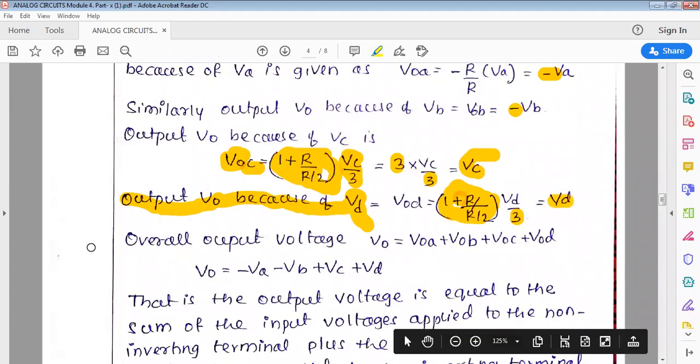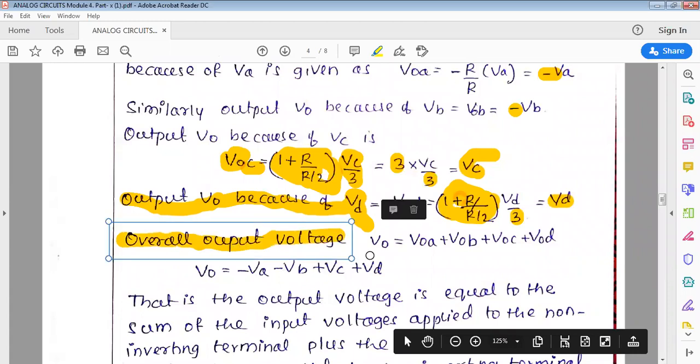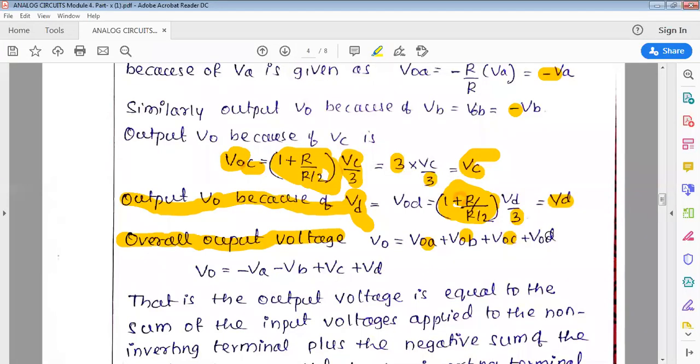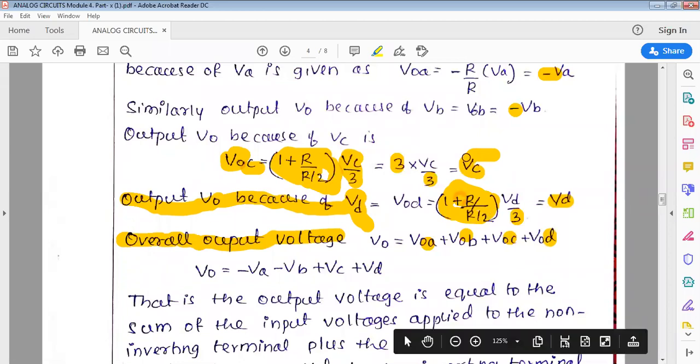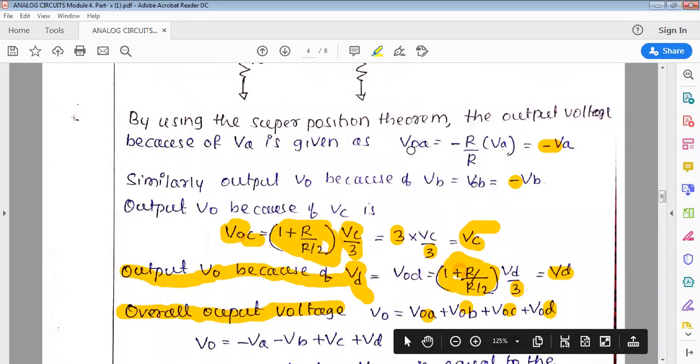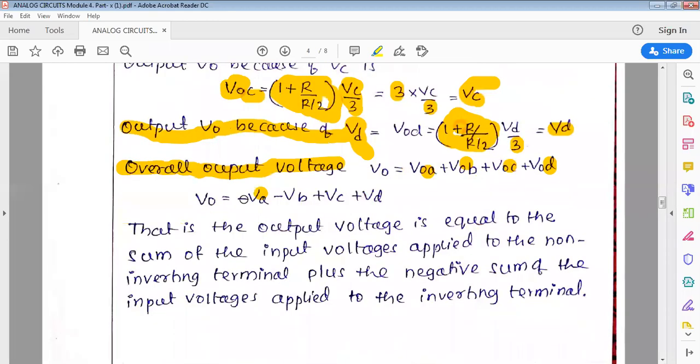Now the overall output voltage V naught is got by adding all these four. That is, output voltage V naught because of A, because of B, because of C, and because of D. Right? Now the output voltage V naught only because of A was minus VA, so I have written it here.